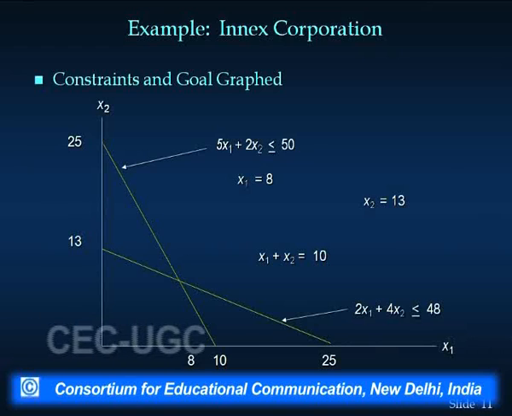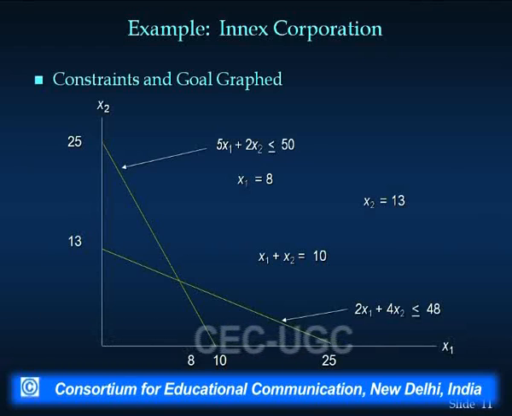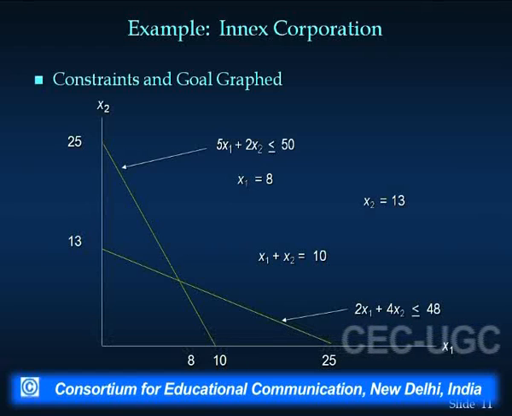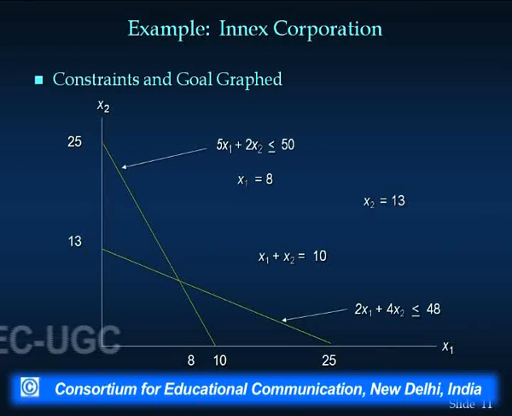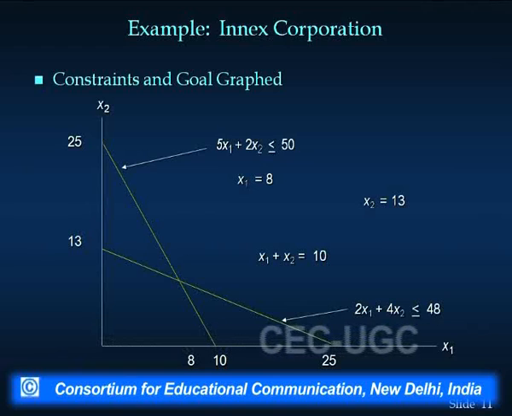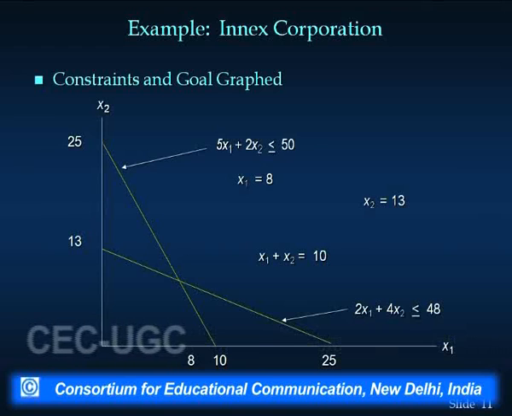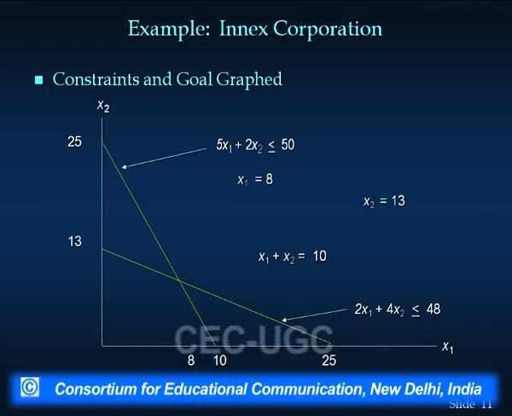We will discuss the solution of this particular problem only, and this solution we'll explain thoroughly in a graphical method. First one is the graphical solution, and we have a simplex method also. Today we'll devote time to the graphical solution.